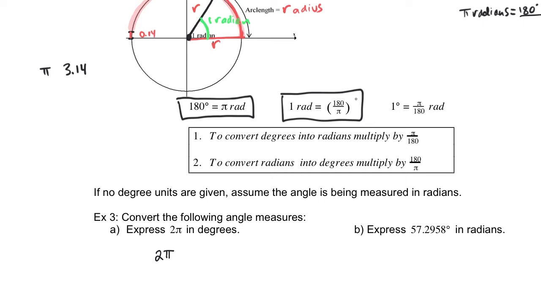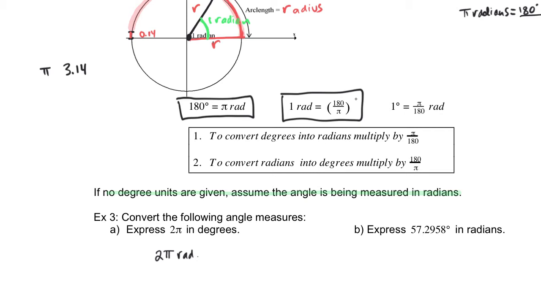Okay, so I already know that 2 pi is 360, but let me just show you how to convert from radians to degrees. Okay, this is in radians. If no degrees are given, then you can assume that we're in radians.